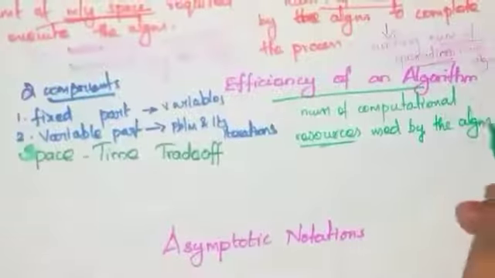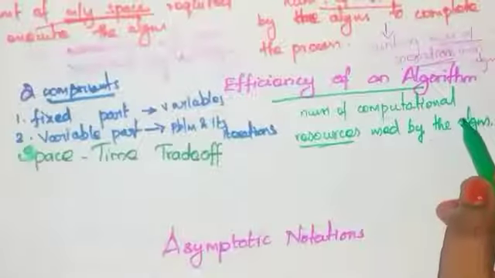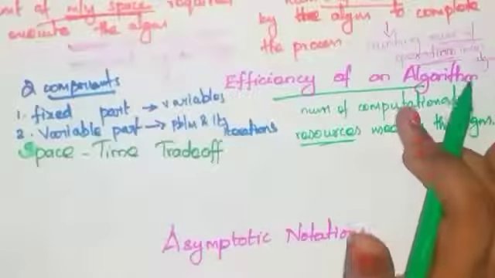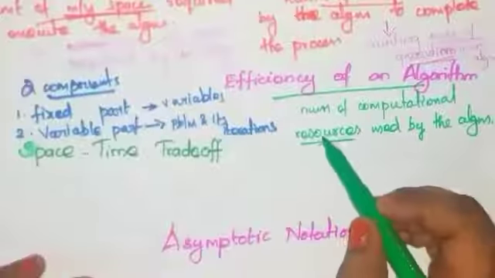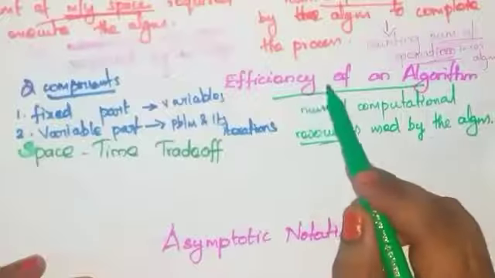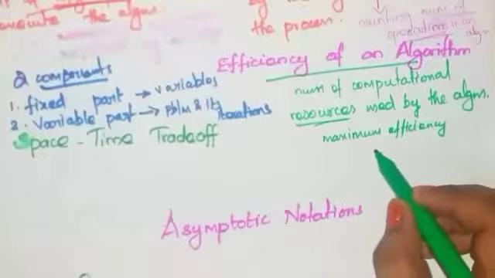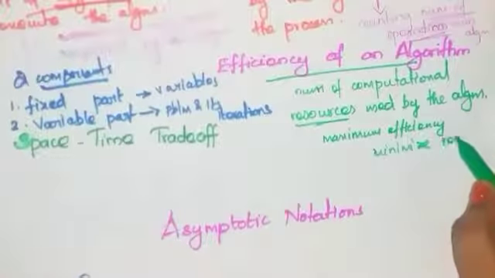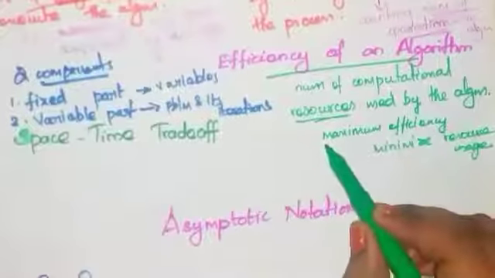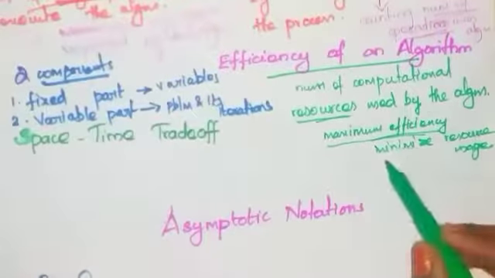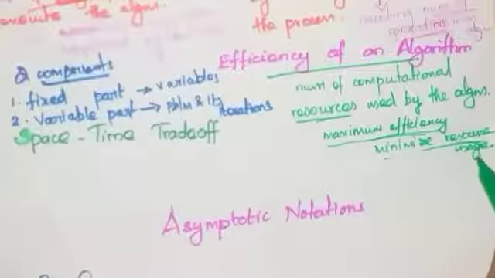Resources means what? Time and space are called resources. So the algorithm can be measured based on the usage of different resources. For getting more efficiency of an algorithm, we wish to minimize the resource usage.